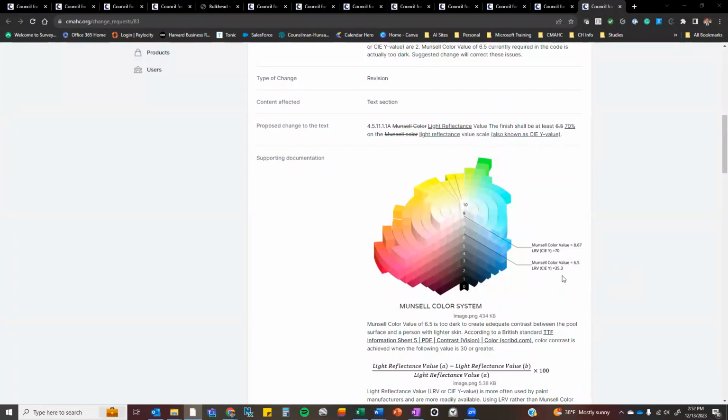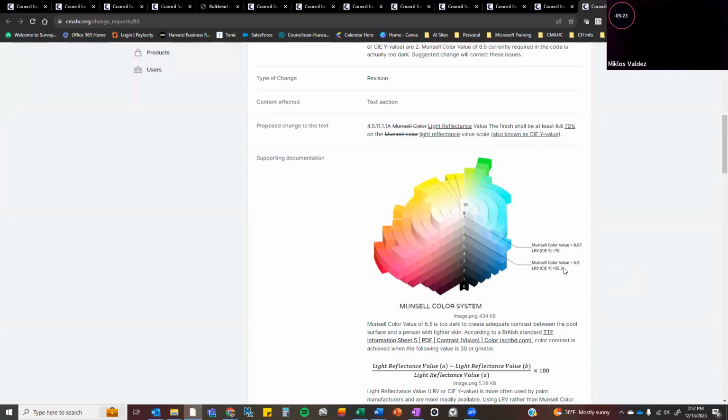Because it looks like that effectively doubles the... It makes the available colors a lot lighter and a lot less if we go with the 70 value than what's currently the 6.5 Munsell value. Looks like that corresponds to like a 35 light reflective value. Am I reading this correctly?